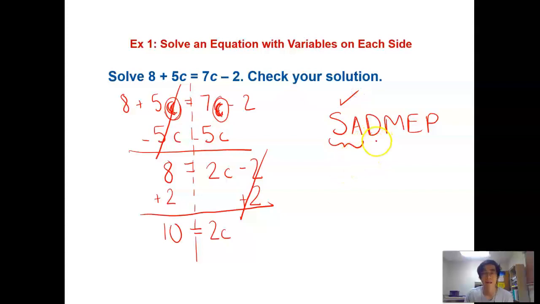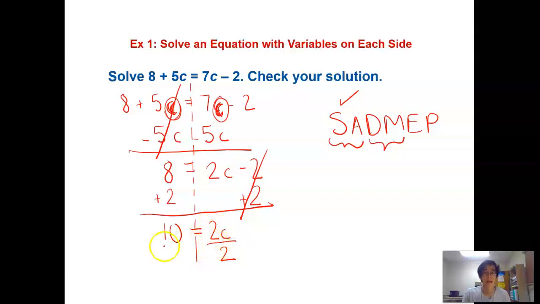So, now, can I do any division and multiplication to cancel out numbers to get the coefficient by itself? Okay, I have 2c over here, 2 times c. What's the inverse of multiplication? Division. So if I want to cancel out 2, I'm going to divide by 2 on this side.